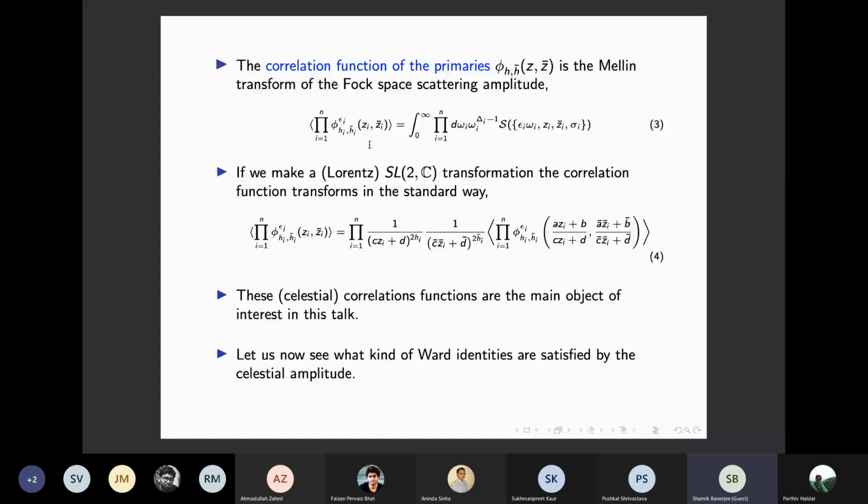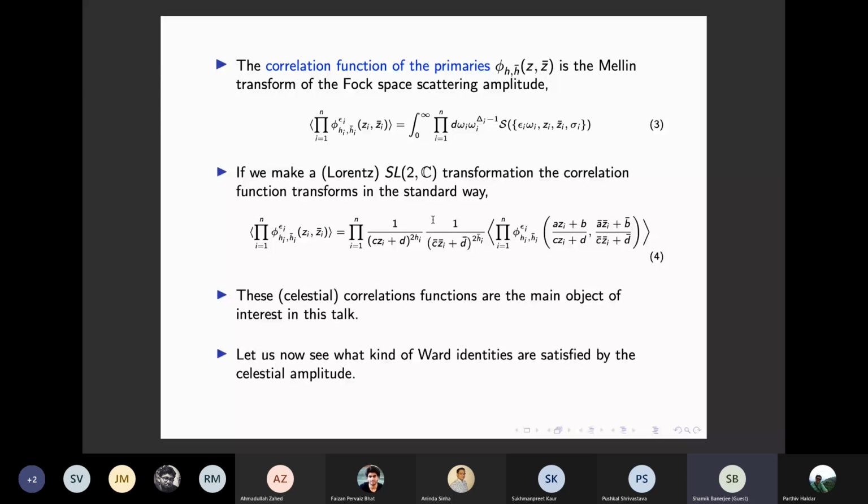The interesting point is that if you do this transformation on the S matrix, then under the SL2C transformation, the left hand side transforms like the correlation function of a conformal field theory on the sphere.